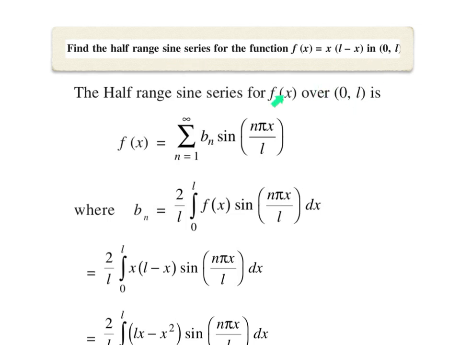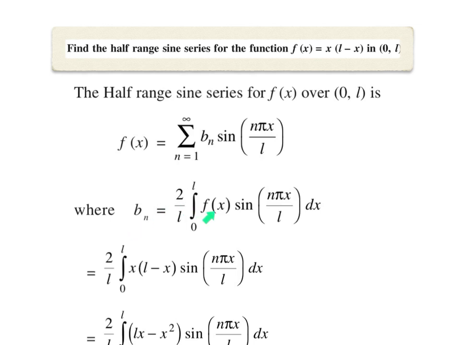Therefore, the Fourier series for this type of interval is given by f of x equal to summation n equal to 1 to infinity Bn sin n pi x by L, where Bn is given by the formula 2 by L integral 0 to L f of x sin n pi x by L dx. Let us start solving this integration to complete the Bn result.